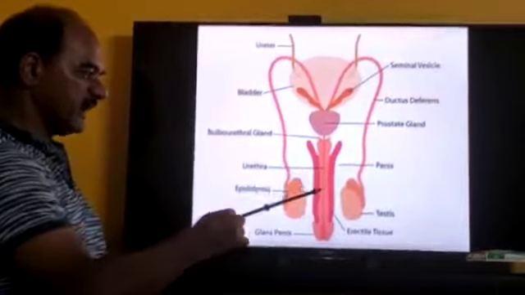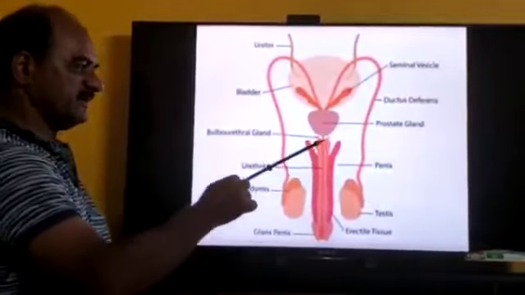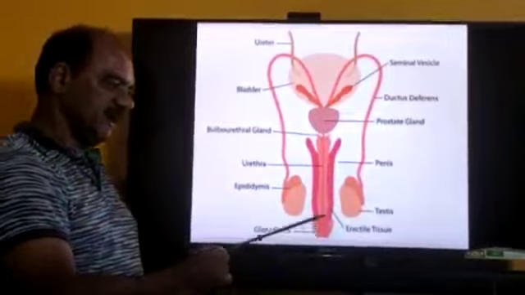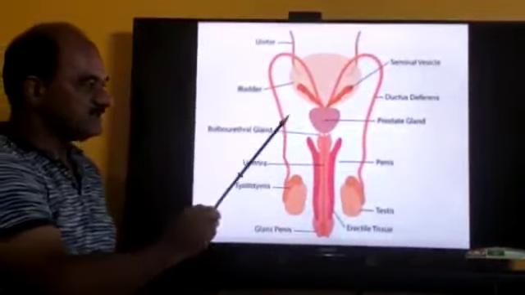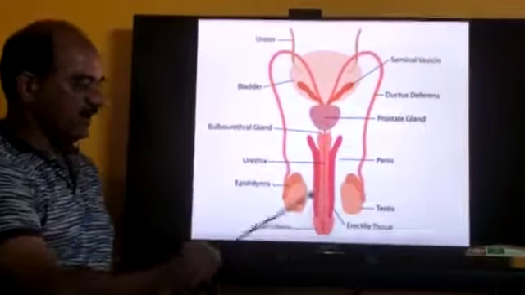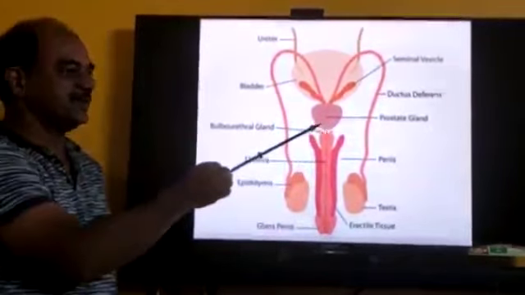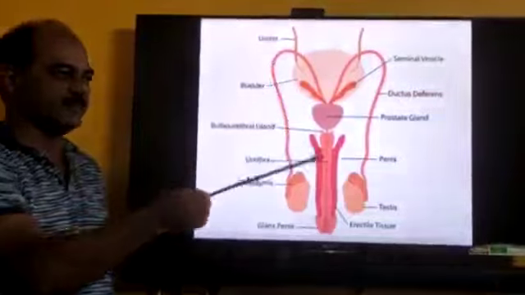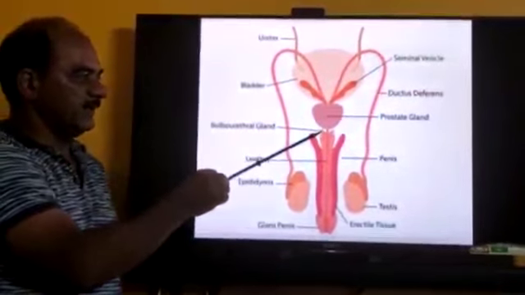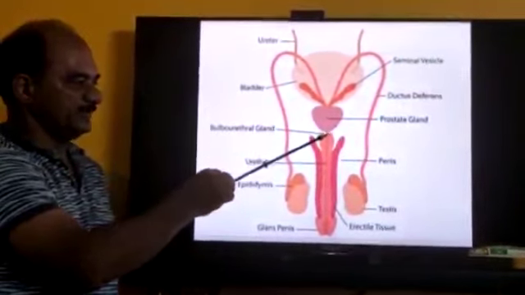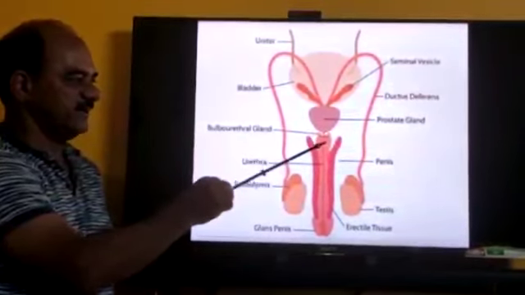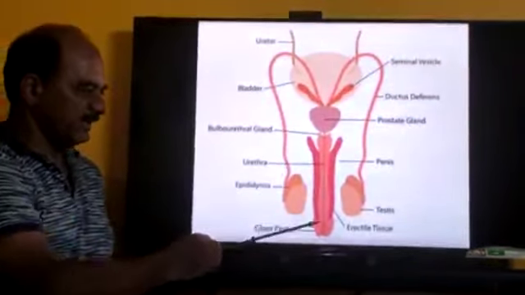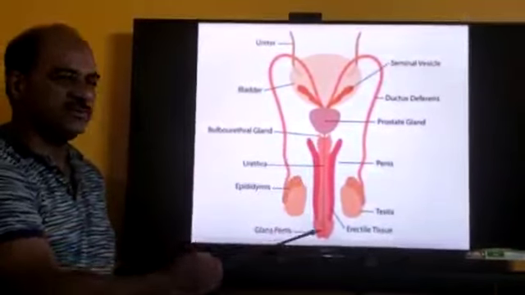And where the corpus spongiosum is present, in that region the penile urethra is present. This means the urethra is divided into 3 parts: where the prostate gland is present, the prostatic urethra; where the bulbourethral or Cowper's glands are present, the membranous urethra; and then the whole remaining part is called the penile urethra.